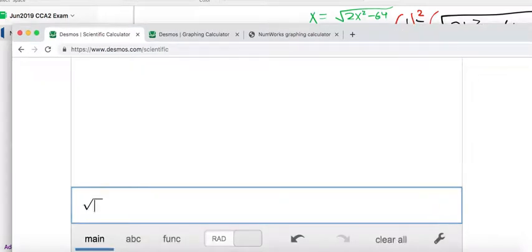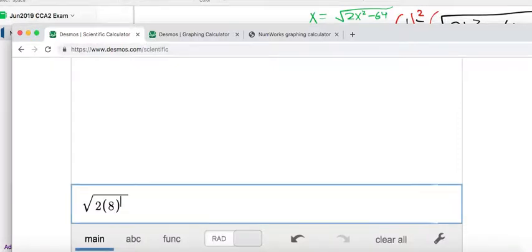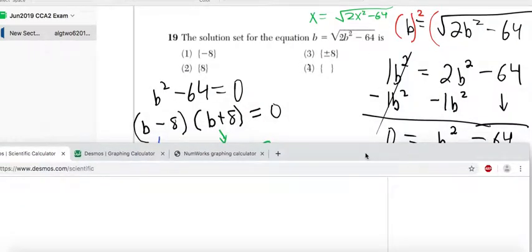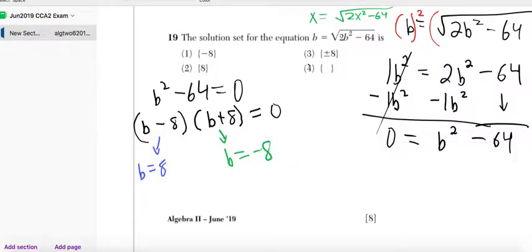So I want to take the square root of 2 times x squared minus 64, right? So 2 times 8 squared minus 64. When I substituted 8, it gave me 8, right? So when I substitute 8 for b in this expression, I ended up getting 8 as my output. So that made this equation true. So that eliminates choice 4 because b equals 8 worked, right?